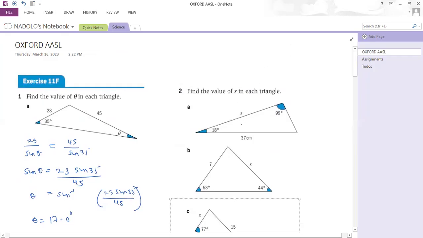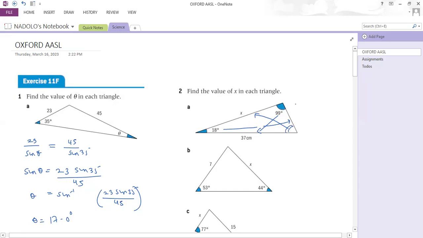So you're going to use sine rule, and this angle is facing this side, and this side will be faced by this angle here. And then 18 degrees faces this side. So that means for us to find the x, we must first find this angle.